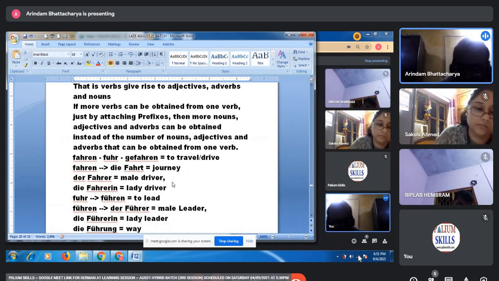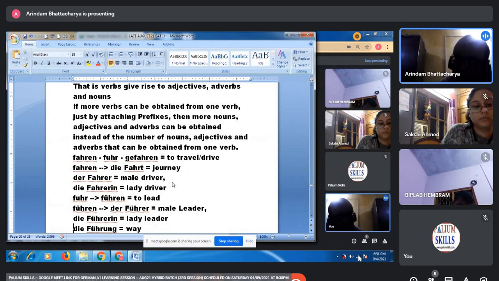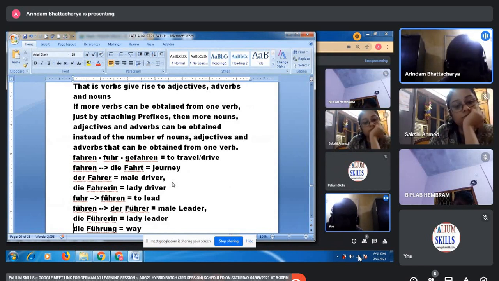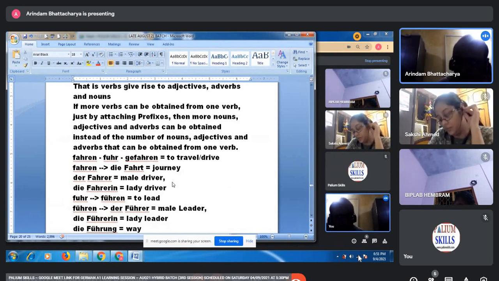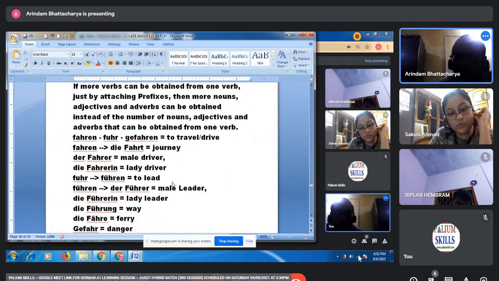Now the German Kanzlerin, lady chancellor, is Angela Merkel. So she is called die Führerin. Die Führung means guidance. Fähre means ferry, the ferry boats that cross.